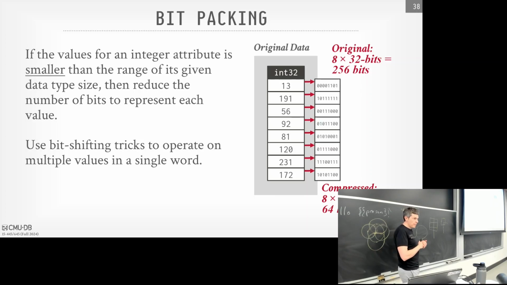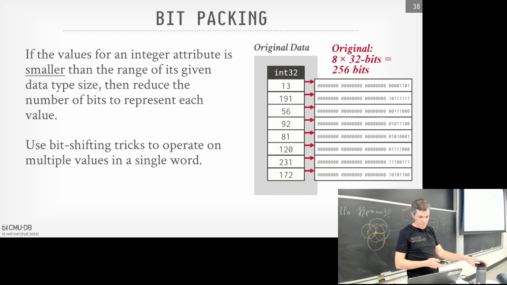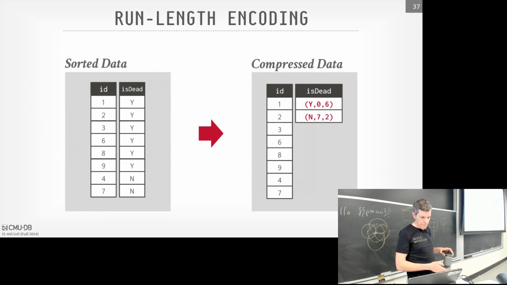Yes? Going back to the previous run-length encoding, if we assume it's a columnar store and we store different columns differently, does that mean that if we want to get one row, one tuple, we have to scan the ID completely because they're sorted differently? Right. So the question is, if I'm doing RLE, for example, on different columns, how do I stitch the original tuple back together?